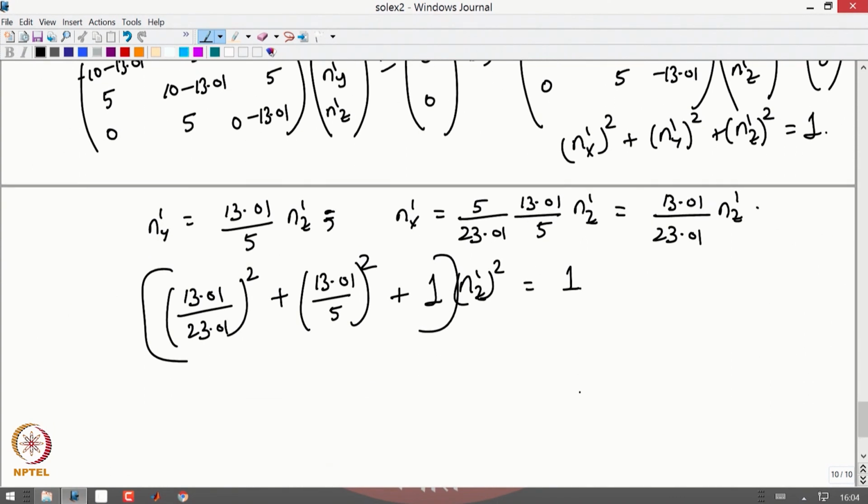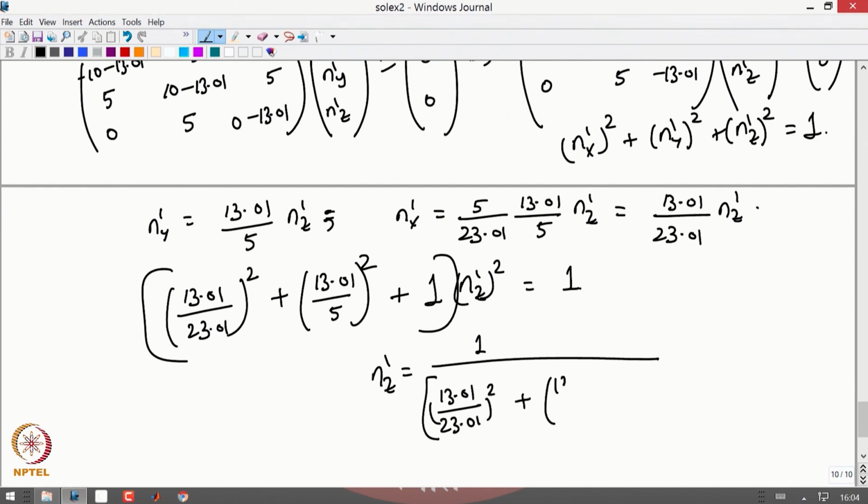Okay. From here I get n z 1 to be plus or minus 1 divided by 13.01 by 23.01 whole squared plus 13.01 by 5 whole squared plus 1, whole power half. Okay. So, from here I get n z to be plus or minus 0.351.